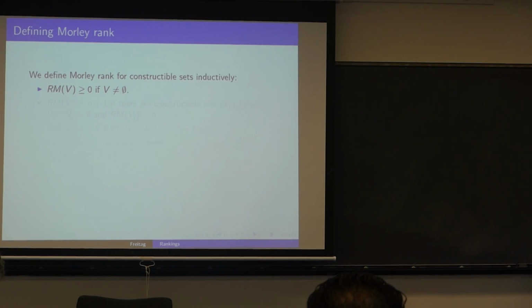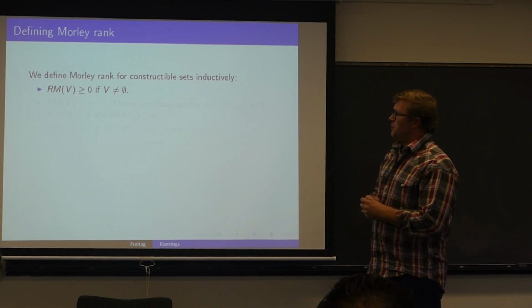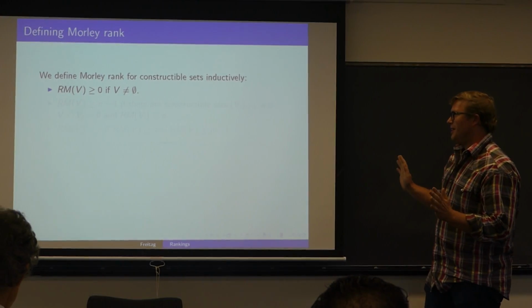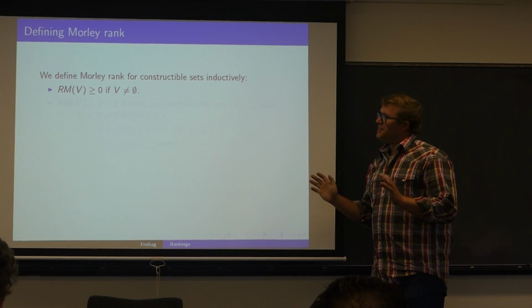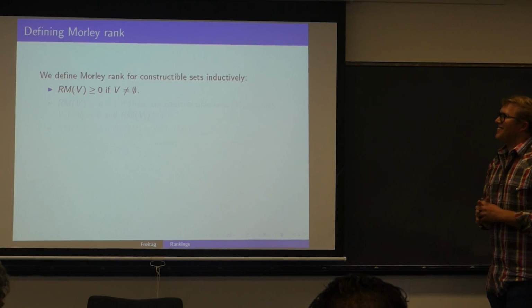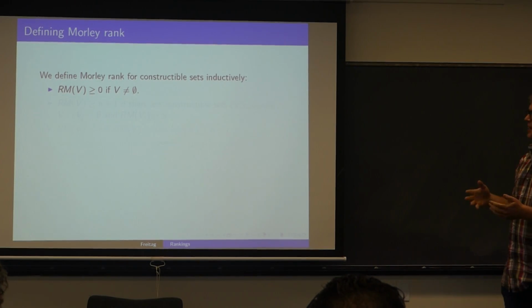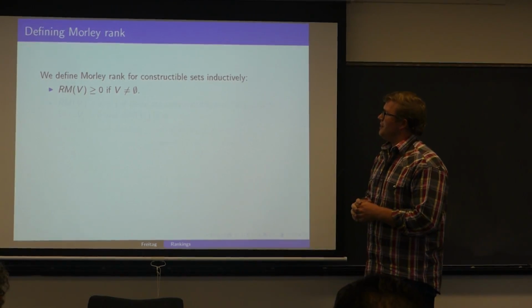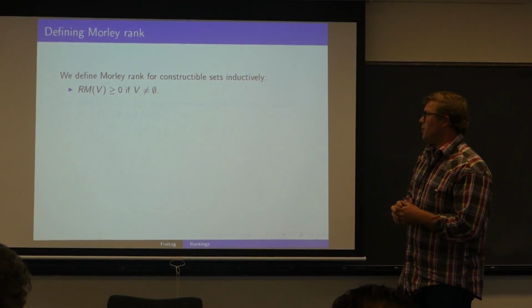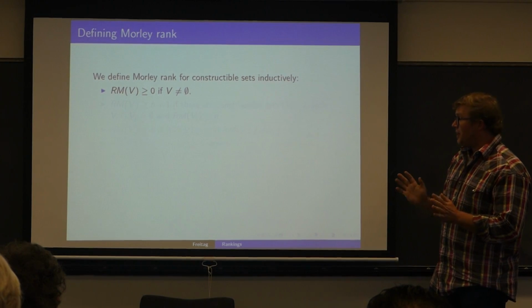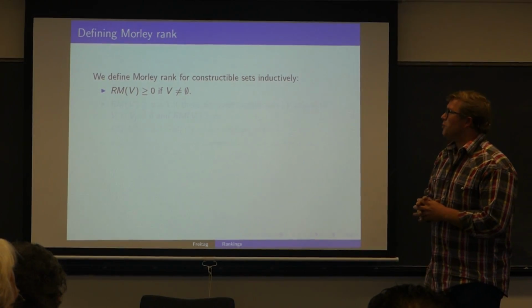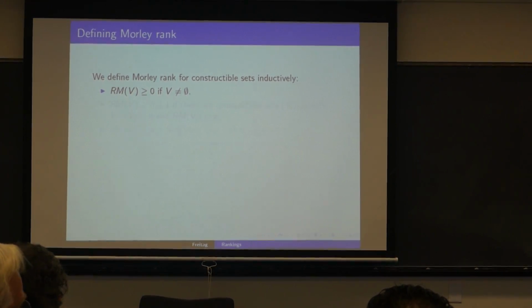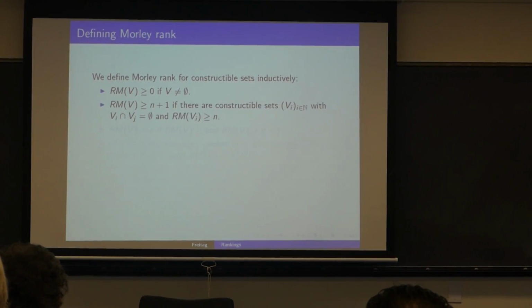So the first thing I want to define is what model theorists call Morley rank. I'm not defining it necessarily in the way model theorists would, but I'm trying to make the definition as elementary as possible given the background of the audience. So a set will have Morley rank greater than or equal to 0 if it's not equal to the empty set. Always V here is a constructible set over some differential field.